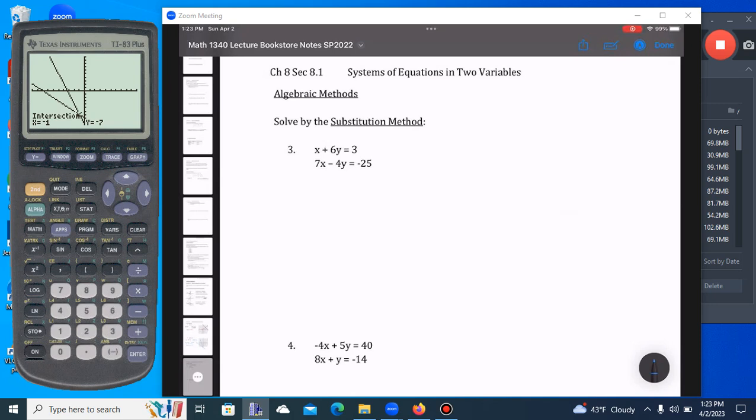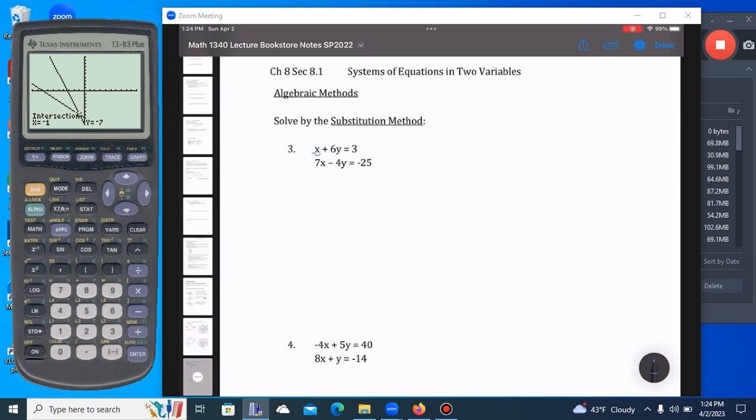First one is substitution. And substitution is usually the go-to method when solving equations because it's just the easiest one to follow. It works best if you have a variable that's by itself, like this x, then we can just solve for the variable.